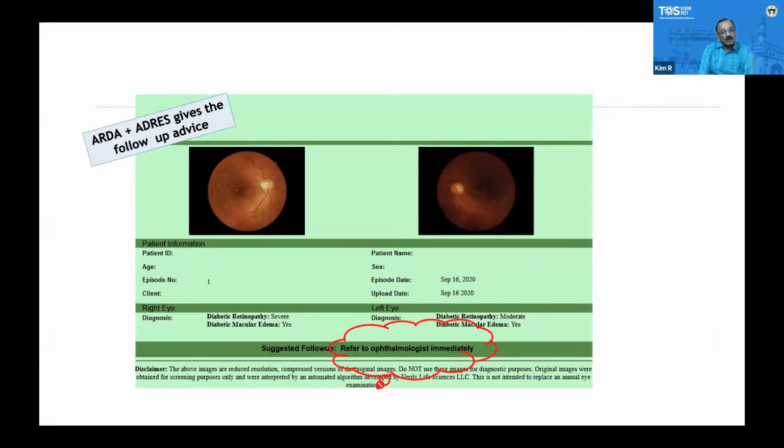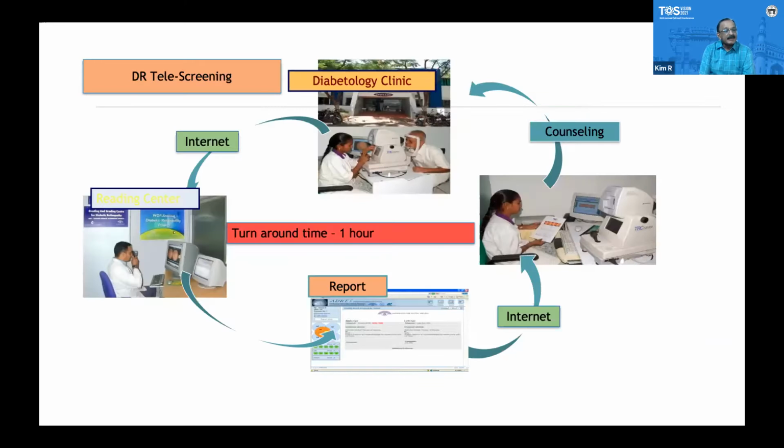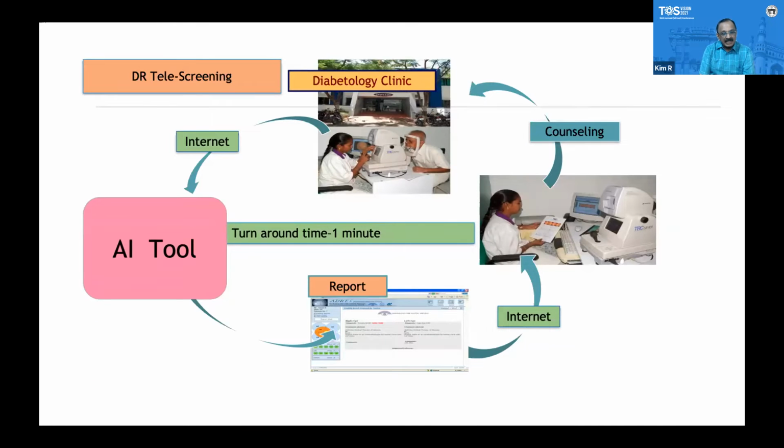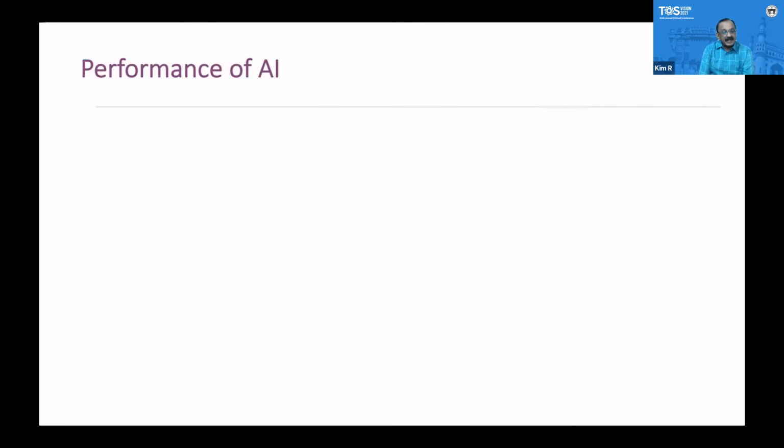We can add over that what should be done next, and then send the report back to the diabetologist, who can advise the patient on follow-ups or review again. So today, this whole process, which took an hour or two, can be done within a minute without the time taken by a retina specialist or a trained grader.